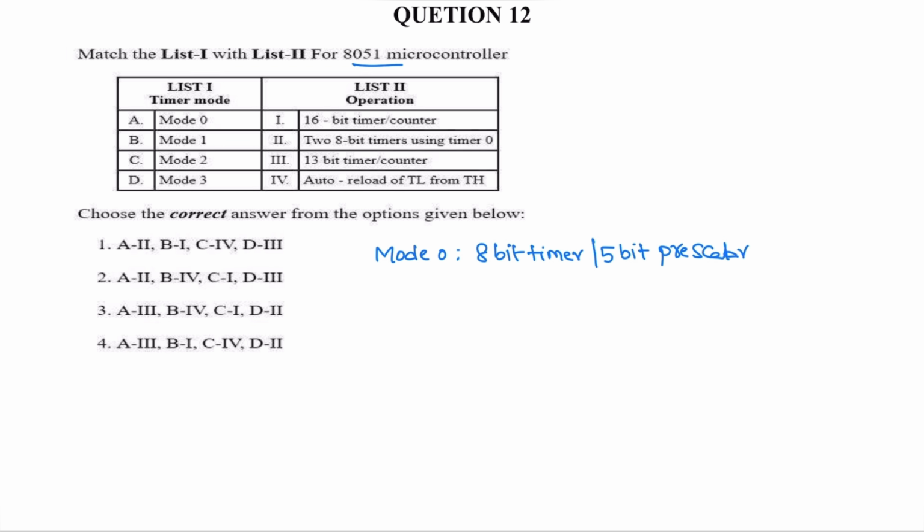It is a 13-bit timer or counter. So mode 0, 13-bit timer or counter. Option A is 3.